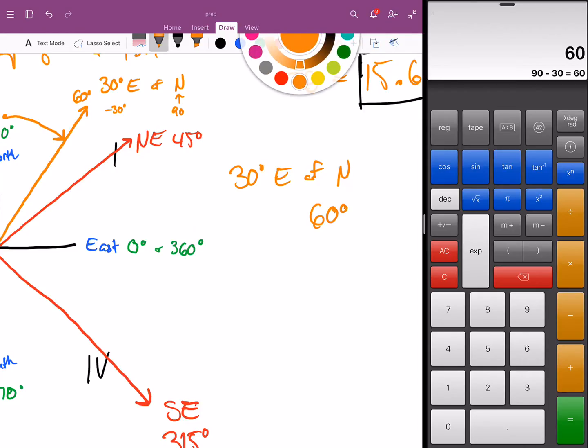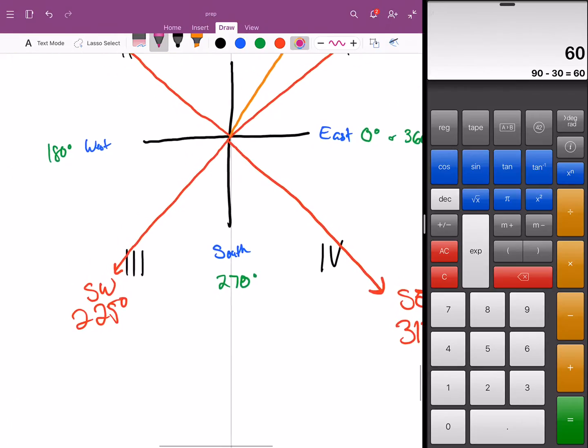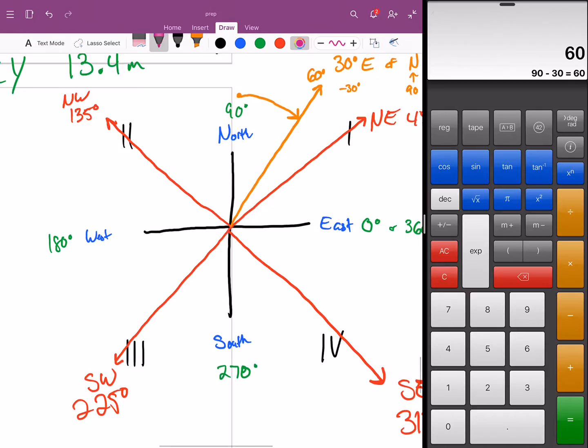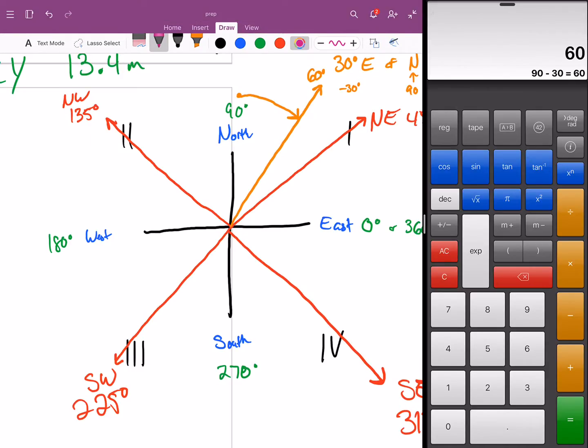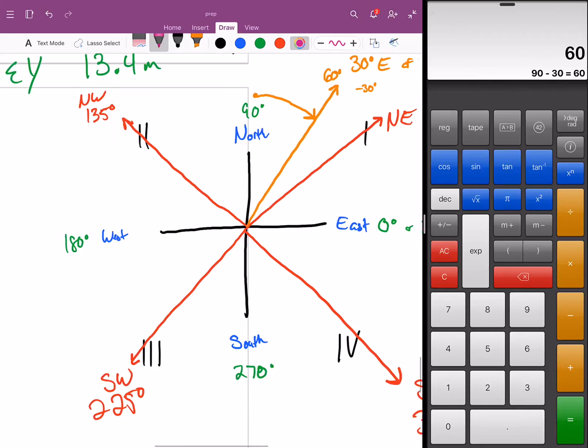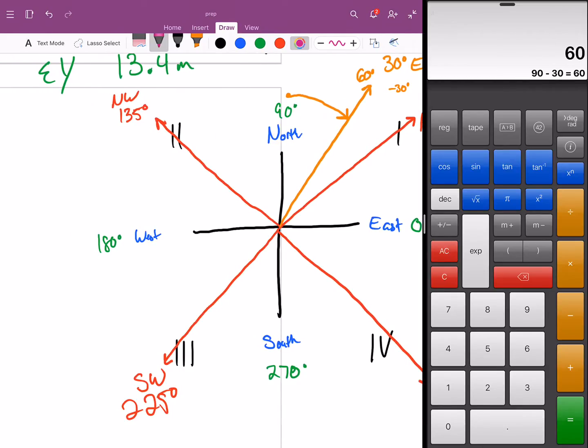Now let's do a similar example. Let's pick a different direction. Now let's say the question was to say 15 degrees north of west.